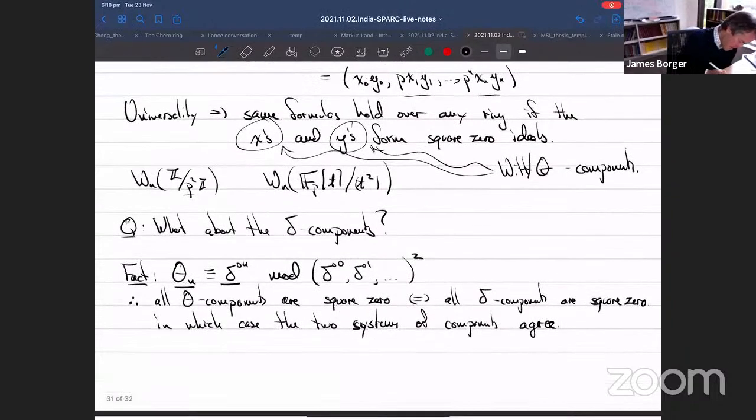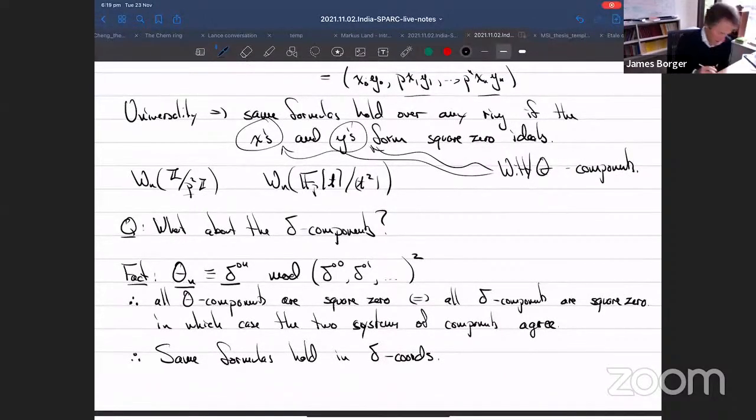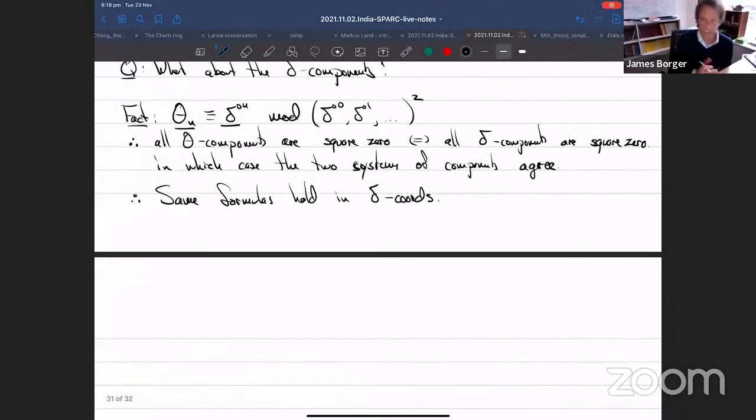So therefore, the same formulas hold for delta coordinates. Again, only if the delta coordinates are square zero. So it's very restrictive. But it's exactly the generality we need to investigate Lie algebras and tangent spaces.